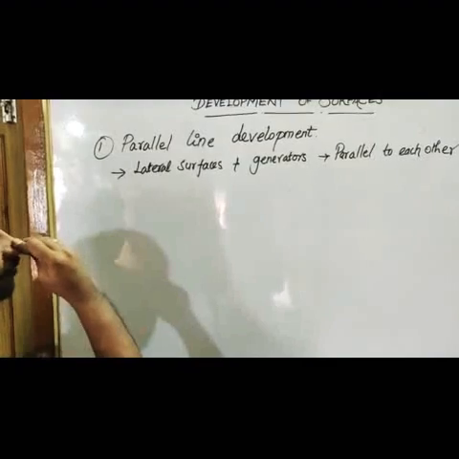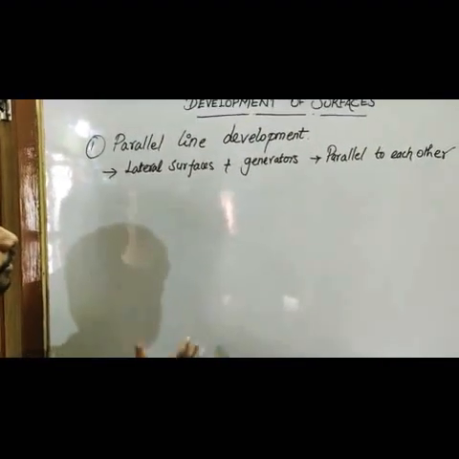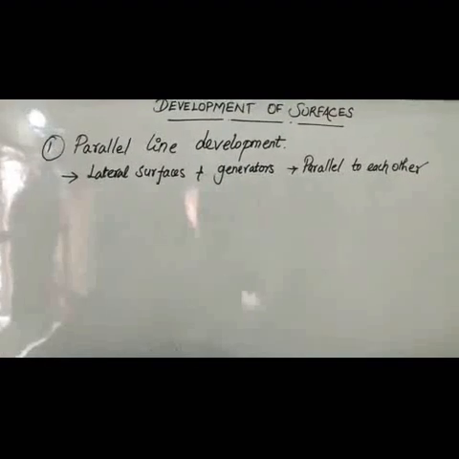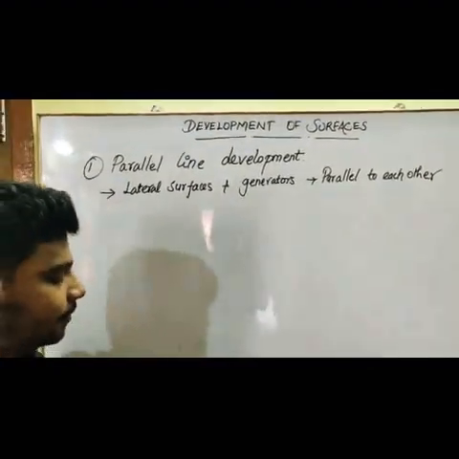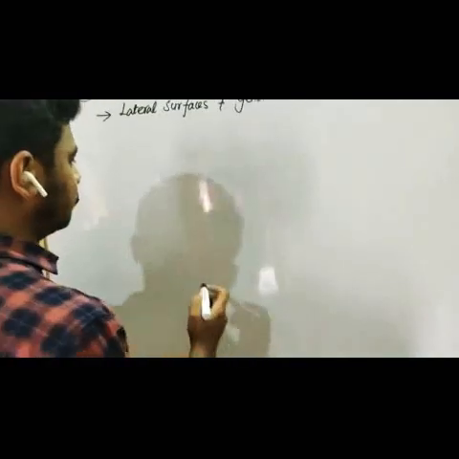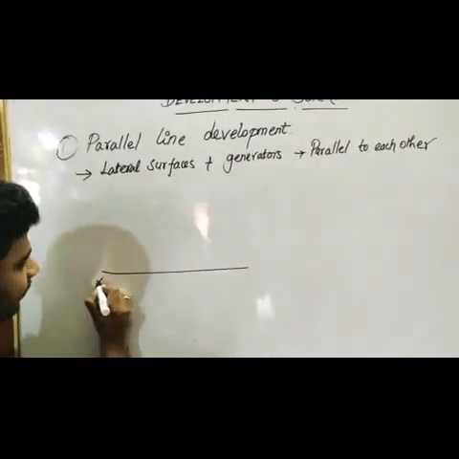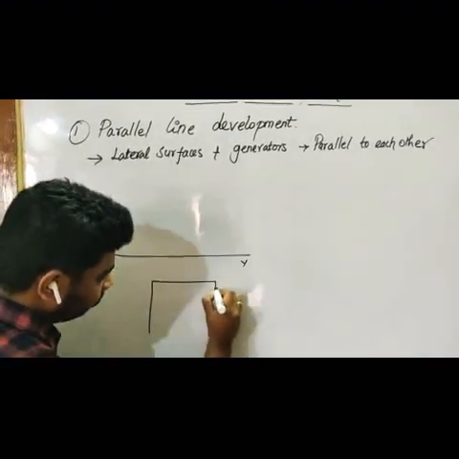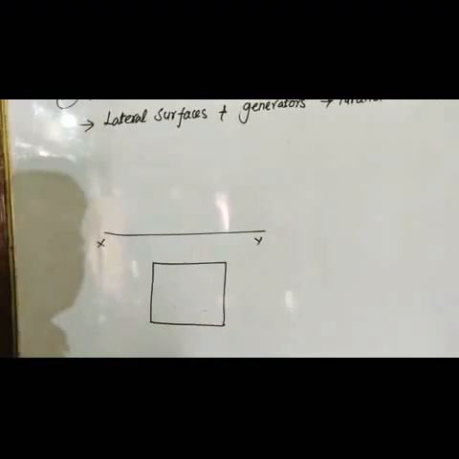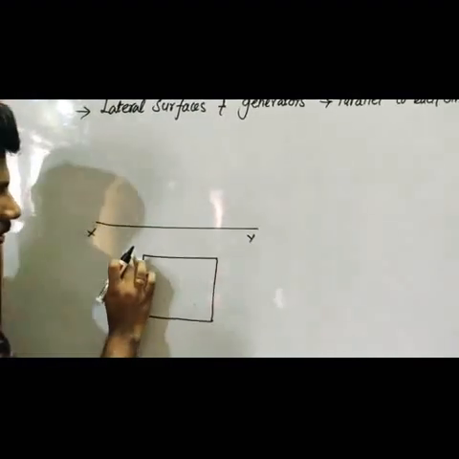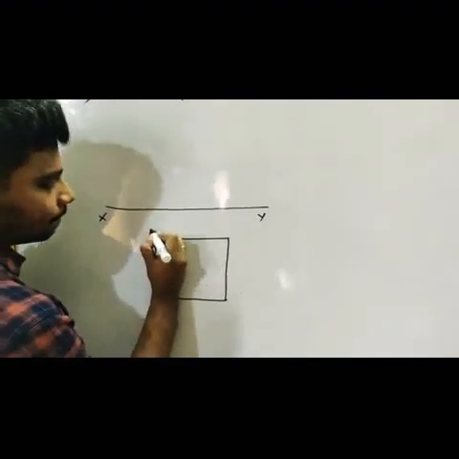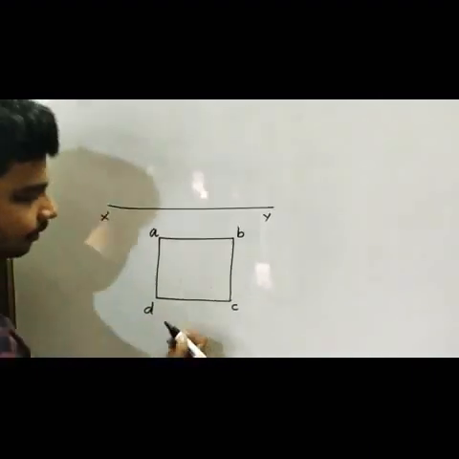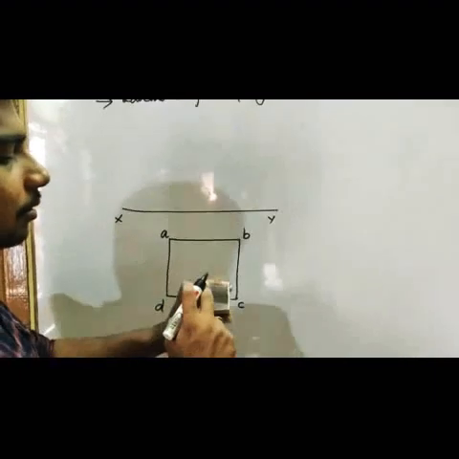First, for making the parallel line development, you have to make the simple position first. For this square prism, you need to focus on the top view. I have drawn an XY line here, and the top view will be like this. On the top I have A, B, C, D as the denotations.